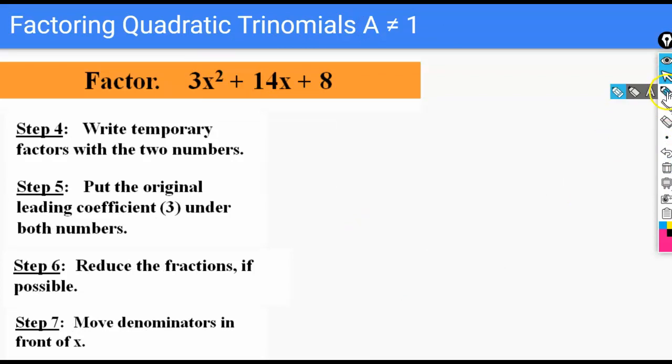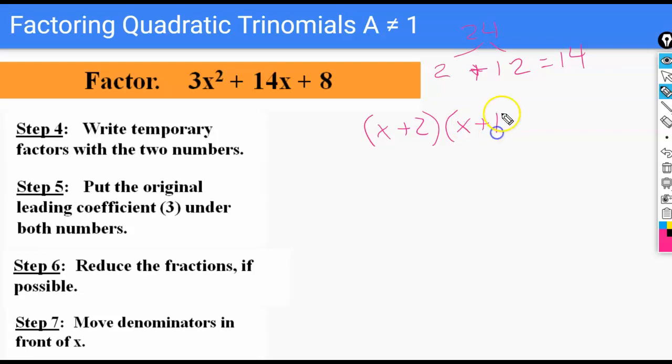This is the part where it does get a little different. So now that we know that the two numbers are 2 and 12, those are the two numbers that multiplied to give us 24, and they added to give us 14. What we want to do is temporarily write that as x plus 2 times x plus 12.